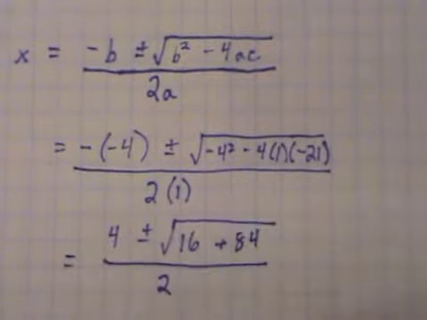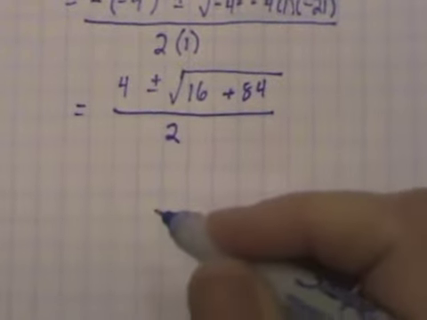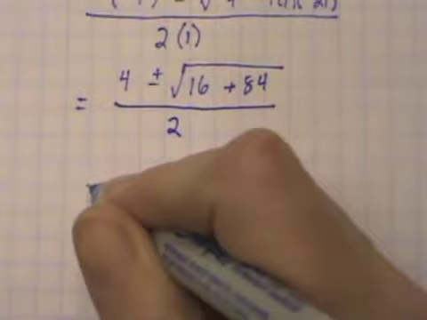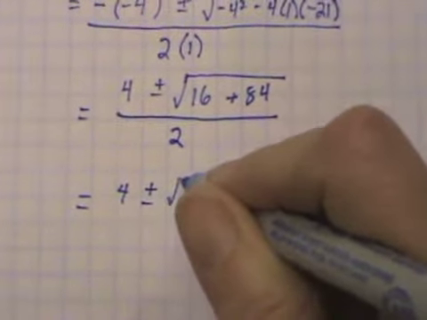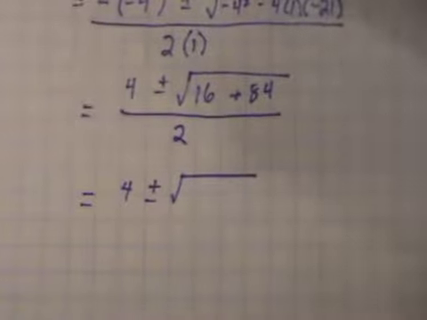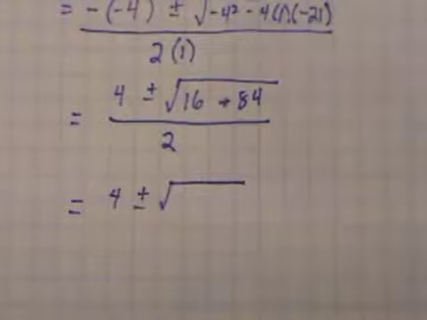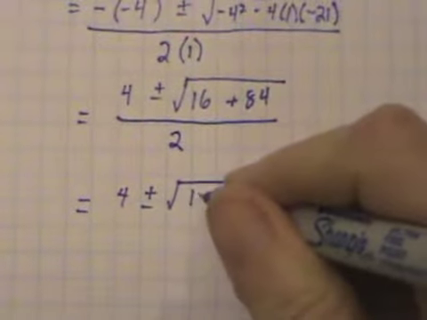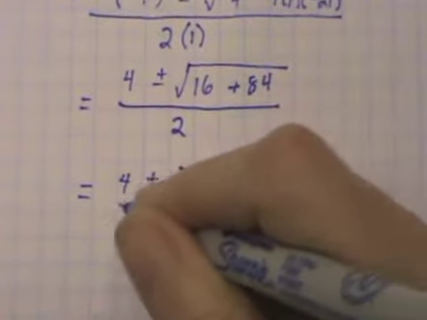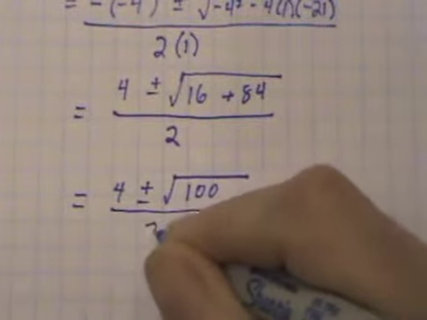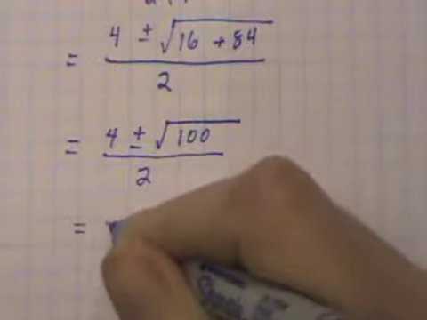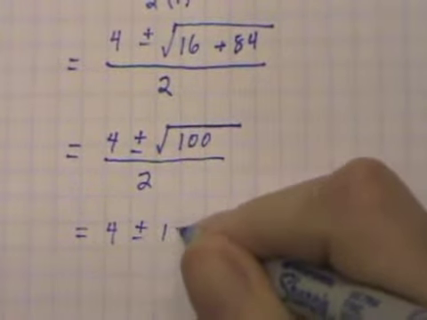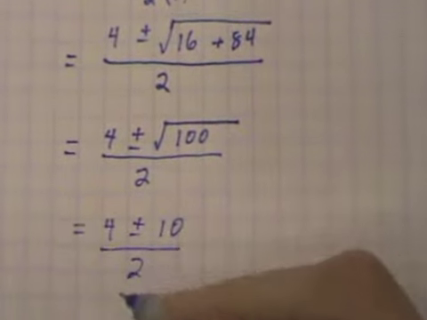Okay, let's carry on. Equals 4 plus or minus the square root of, what is 16 plus 84? Oh, I think they did this just to be nice to us, if you can believe it. Because, of course, 16 plus 84 adds up to 100 over 2. Thank goodness, this is a perfect square. That makes this a much nicer example. 4 plus or minus 10 over 2.